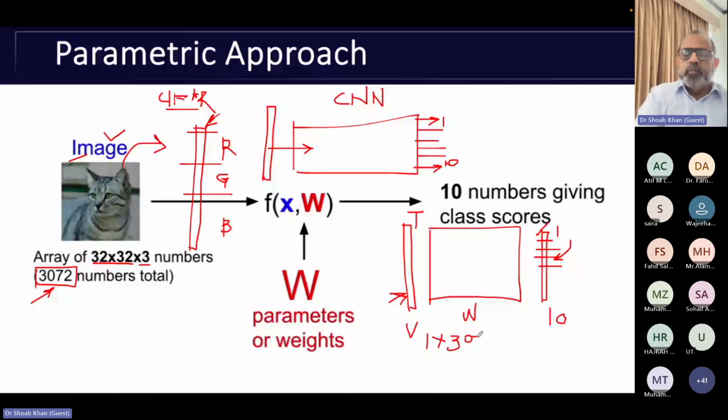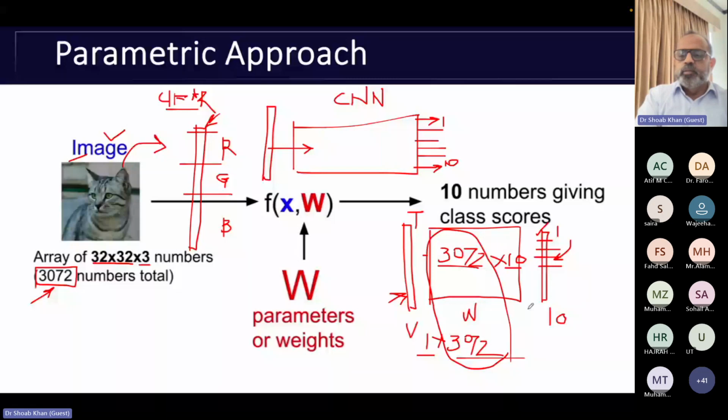So I want a matrix whose dimension is 3072 into 10. Okay, so simple matrix multiplication where a row into column and rows into columns, and they got to match. The number of columns of the first matrix should match with the number of rows. So the resultant will have 1 into 10.